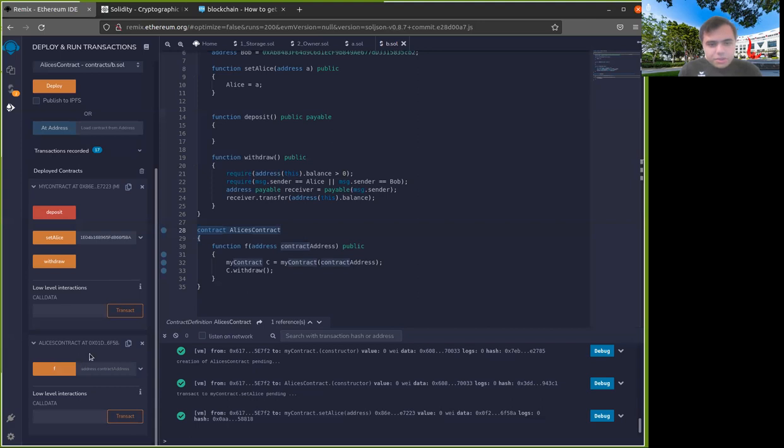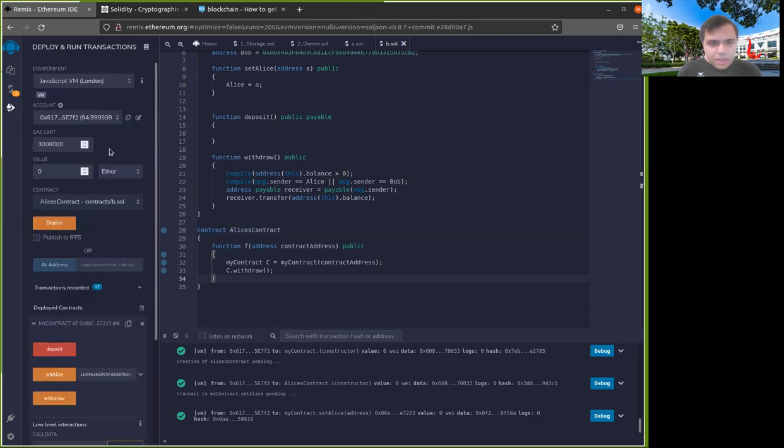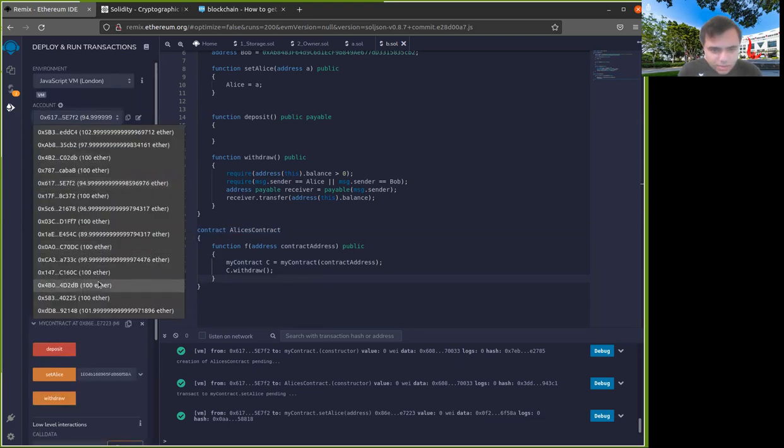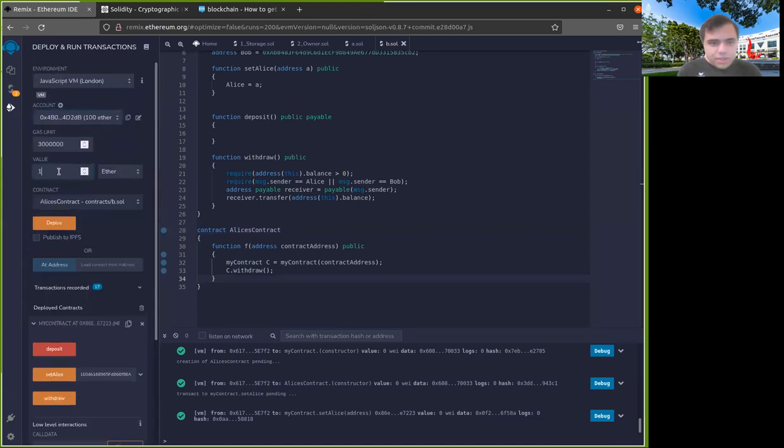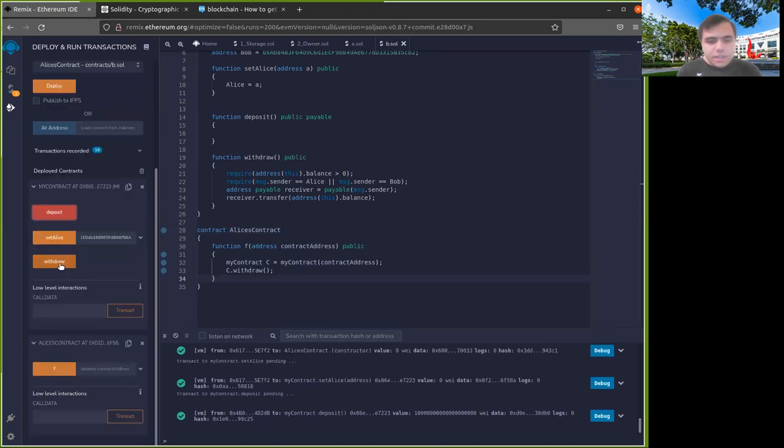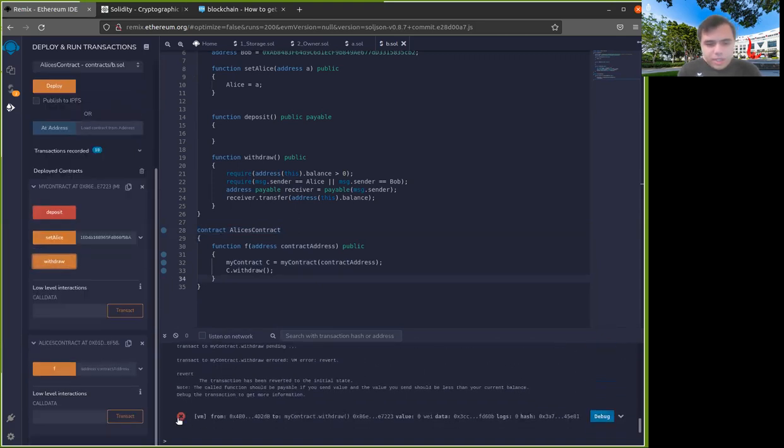And so now here's what happens. Suppose that I want to call withdraw. Actually, let me switch to a different account. And let's say that I first deposit maybe 10 Ether here, and then let's say that I call withdraw. This will fail because I'm neither Alice nor Bob. But actually, this contract is now Alice.